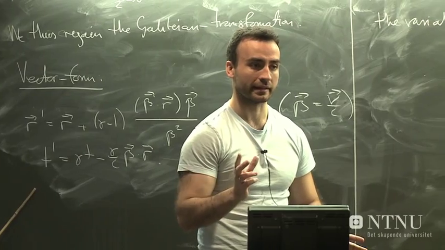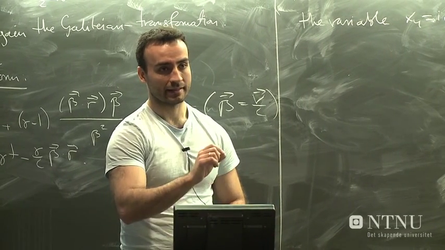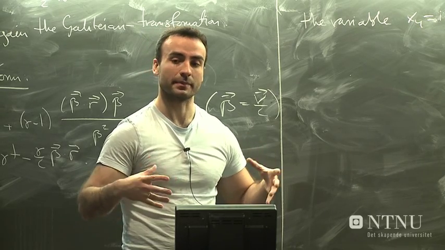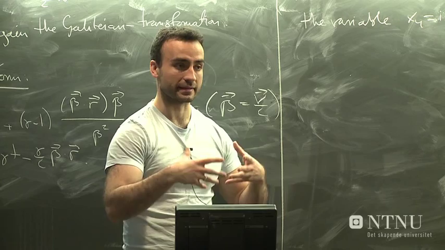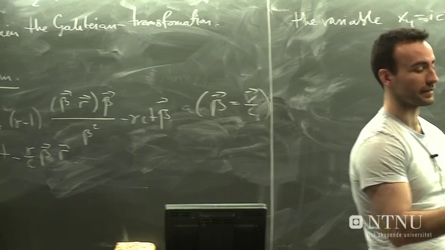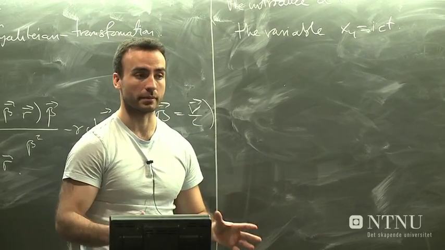We have to think differently. We have to think of space-time, that space and time intertwine each other. So it's a combination of them that tells us how different events take place. And this becomes important when the velocity is comparable to the speed of light.